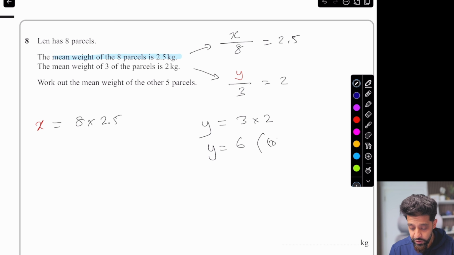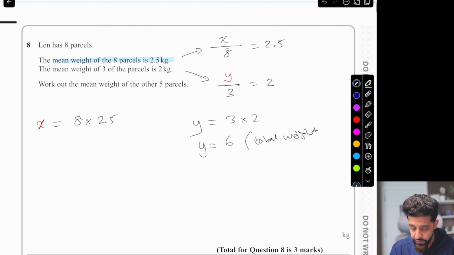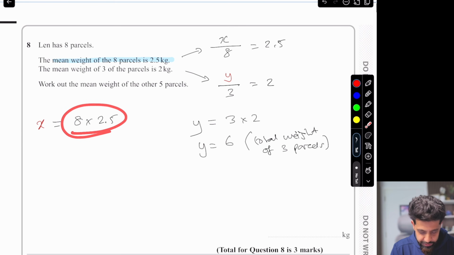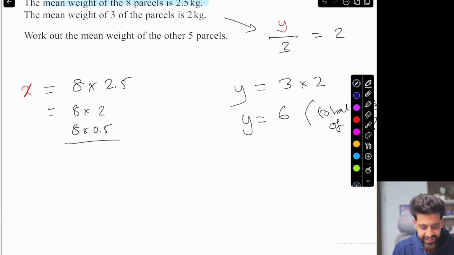So that is the total weight of the 3 parcels, and x is going to be the total weight of all 8 parcels. But we need to do 8 times 2.5. So how do we do 8 times 2.5 without a calculator? Well, you could do 8 times by 2, and you could do 8 times by 0.5, and then add that up.